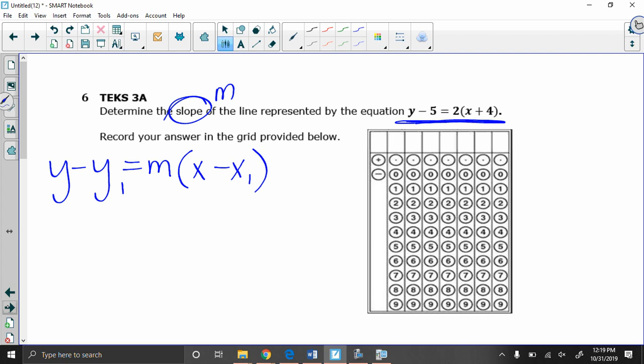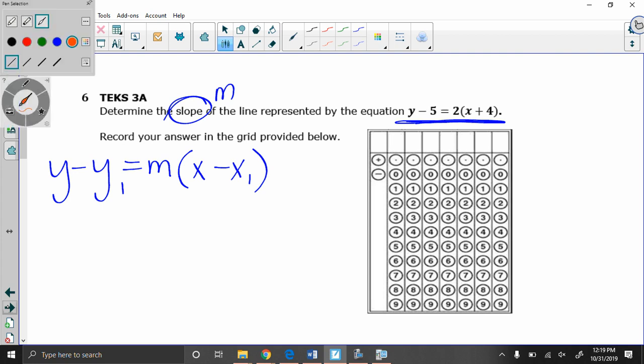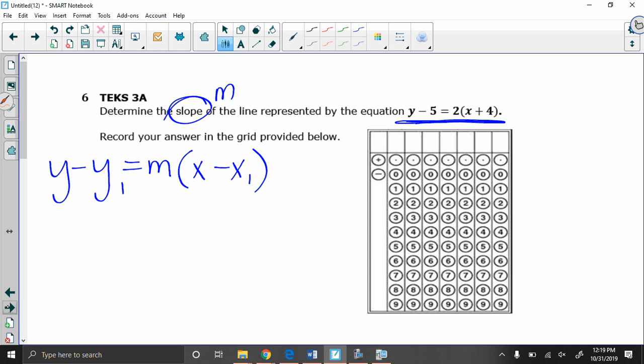And if we notice here, m comes before the parentheses. So if I'm looking for m in the equation, the number that comes before the parentheses is 2. So my slope is 2. So therefore, in the griddable, I will record a positive 2. That's all we had to do for that one.